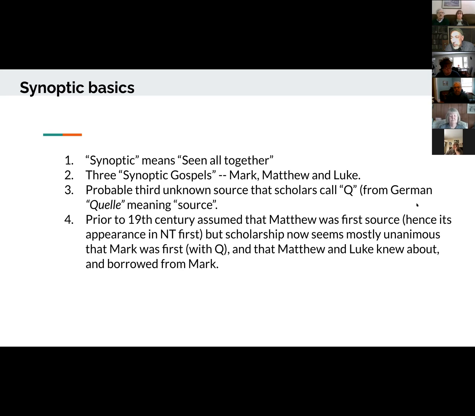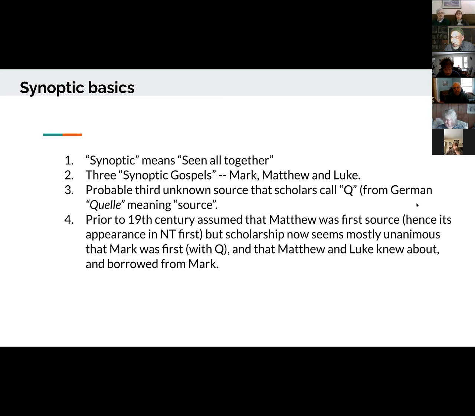We also need to be aware, as I think I discussed in the Bible study last week, that the whole notion of authorship in antiquity was very different than it is today. They had no concern for intellectual property; in fact, they had the opposite concern.